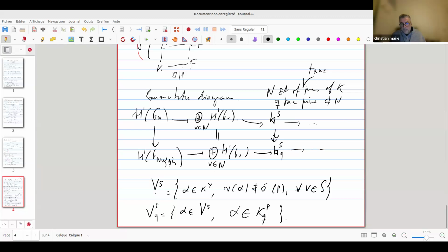So the dual of BS is the VS, and the dual of VSQ is the BSQ. So it's more or less the same as I did before. So in a certain sense, this BS and the BSQ can be seen as Galois extensions. And now, if you just look at what is the kernel of this map, the kernel of this map is easy. It's just the kernel of this map.